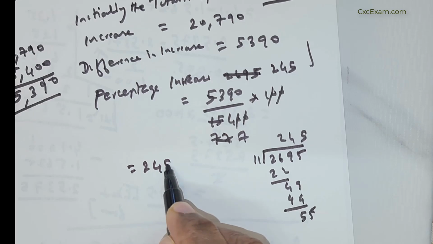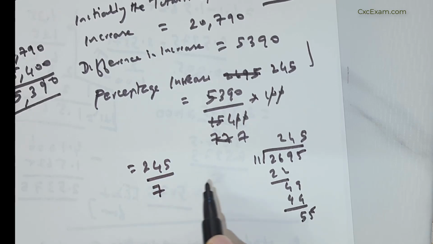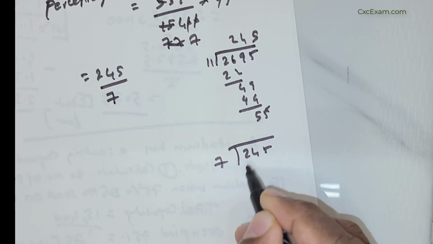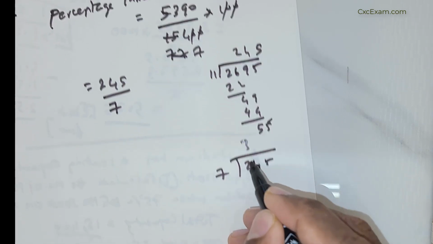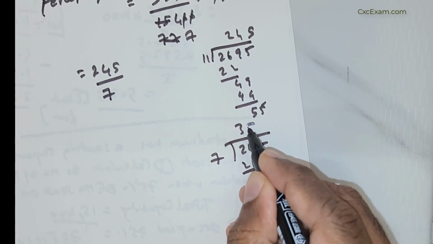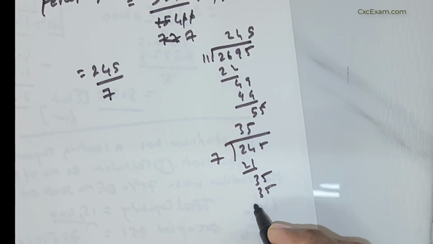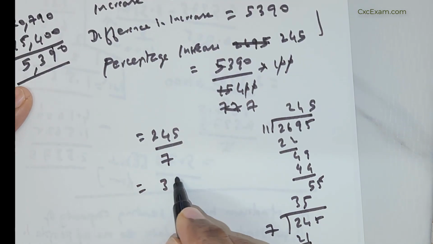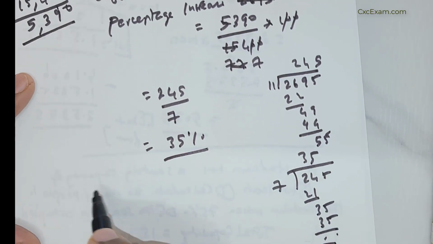So you have 245 divided by 7. Now let me check if 245 is divisible by 7. 7 3s are 21. I have 35 there, and 7 5s are 35. Okay, so what is this? This is nothing but 35% increase.